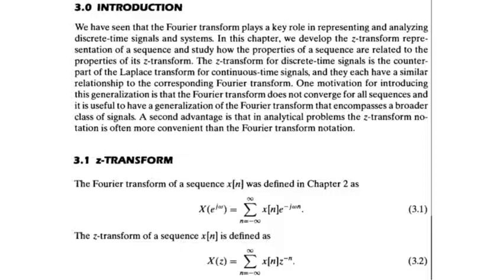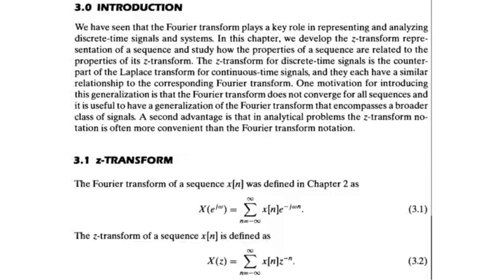As you can see in equation 3.1, which is the equation of Fourier transform of signal x of n, X(e^{jω}) is equal to the summation of x[n] e^{-jωn}. This is the formulation that we use to find the Fourier transform of a discrete time signal. If I extend this to Z-transform, the same sequence x[n] will have a Z-transform X(z) equal to the summation from minus infinity to infinity of x[n] z^{-n}.